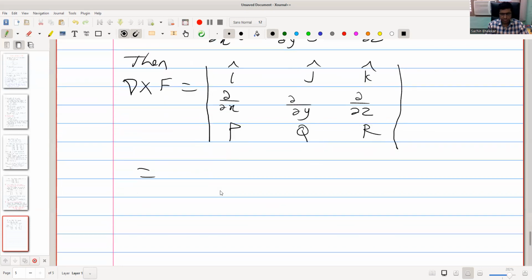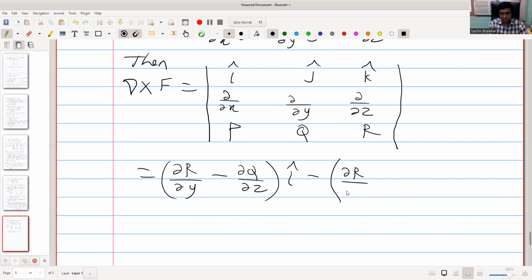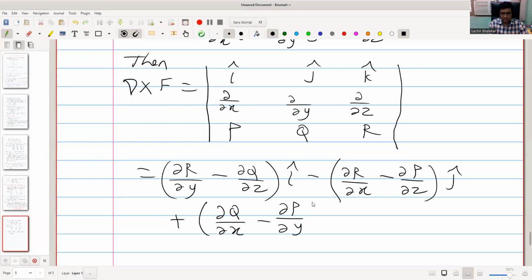It is i hat into this determinant, that is, okay, so partial derivative of r with respect to y minus partial derivative of q with respect to z into i hat, then minus this thing, that is partial derivative of r with respect to x minus partial derivative of p with respect to z into j hat, and the third component is this determinant, that is partial derivative of q with respect to x minus partial derivative of p with respect to y into k hat.